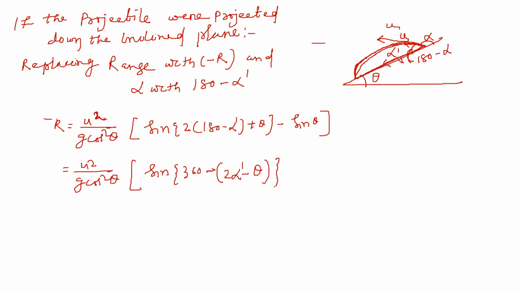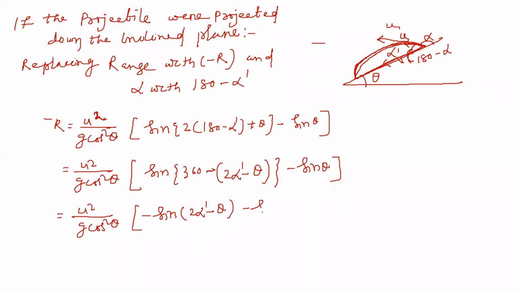Minus I have taken common, so it will become minus sine theta, correct? So that is equal to u square by g cos square theta into sine 360 minus theta, which is minus sine theta. So we can write here minus sine 2 alpha dash minus theta minus sine theta, correct?